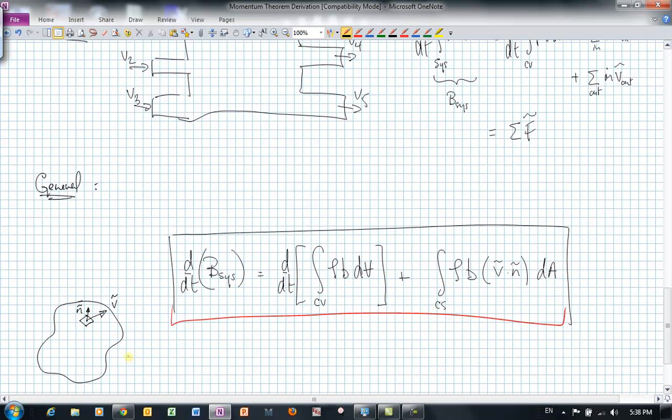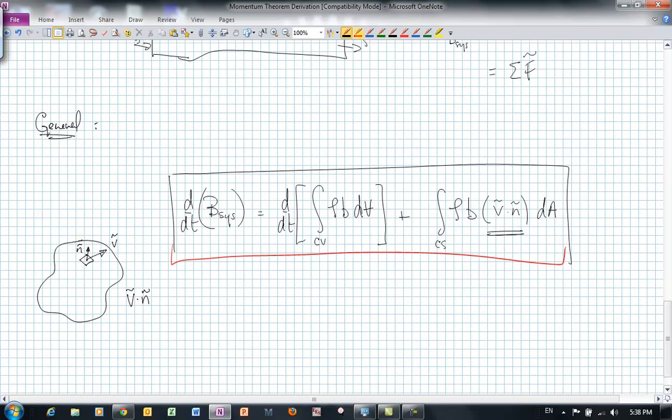And we saw in class that the component of V that's normal to that is simply given to us as the dot product of V with n.